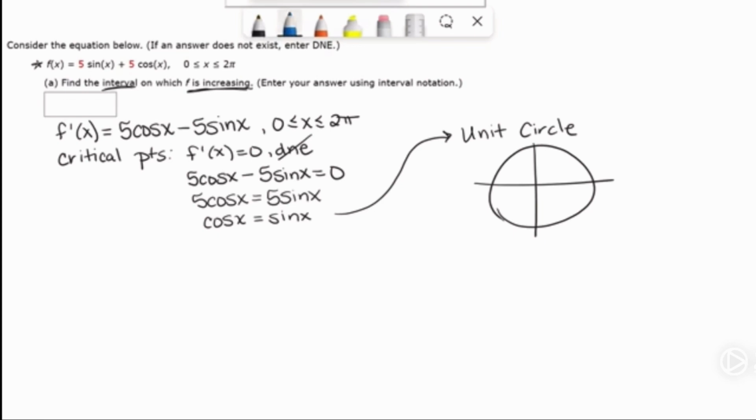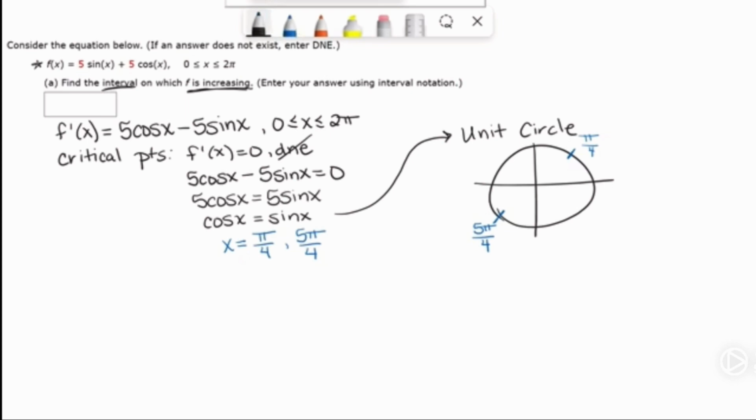And so we know that pi over 4 and 5 pi over 4 are two points in which cosine and sine have the same value as each other, where it'll be positive square root of 2 over 2 for the first quadrant, and then the negative of that in the third quadrant where 5 pi over 4 is. And so we can have our x equal pi over 4 and 5 pi over 4 for our critical points.